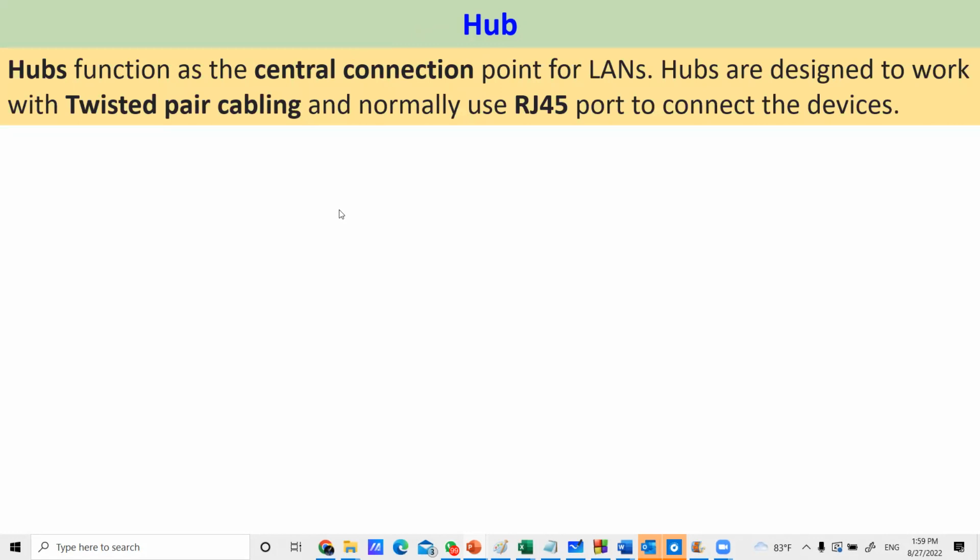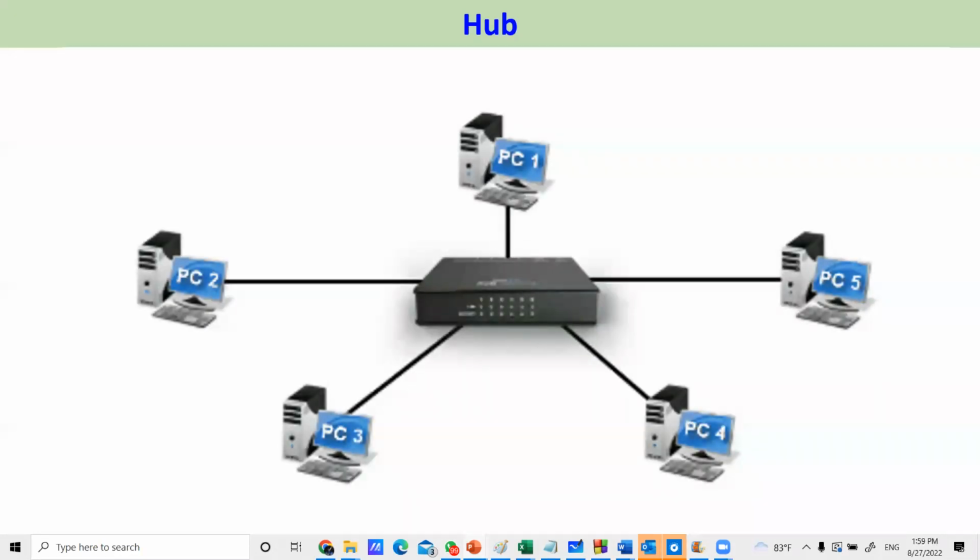Normally the hub is the central point in the network, and all the other devices are connected to it. Therefore, the hub needs ports. Normally they have RJ45 ports on the hub, so other computers around the hub can easily connect to it. Look at the diagram here, then you can easily understand the function of the hub.